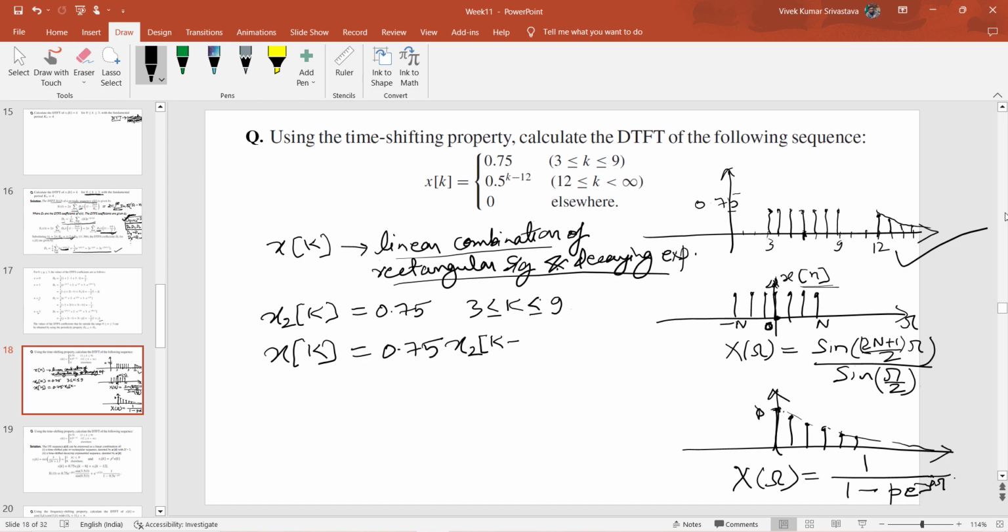But in this signal the mid value lies at k equals 6, which means this is the shifted version of x of n, so I will write this as 0.75 x2 of k minus 6. Whereas the second signal is shifted by a time of 12.